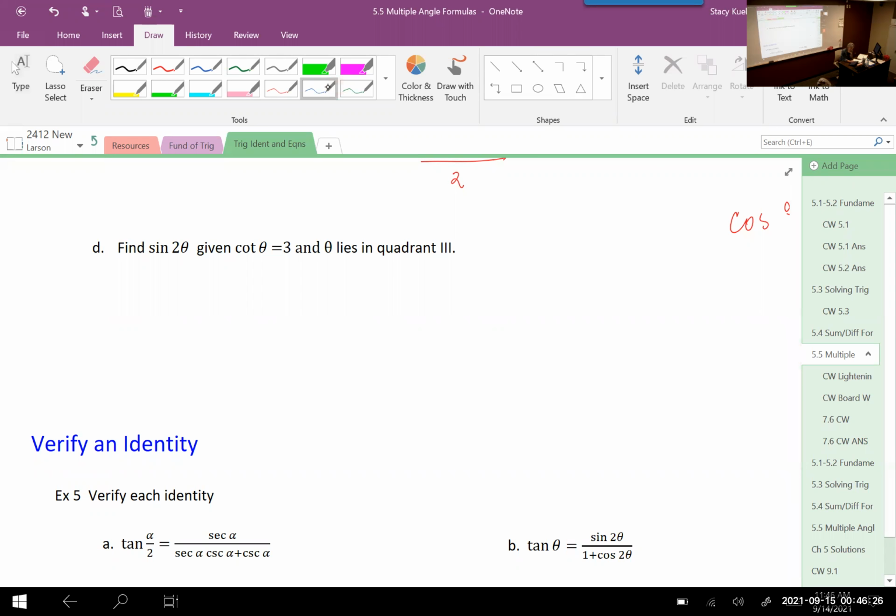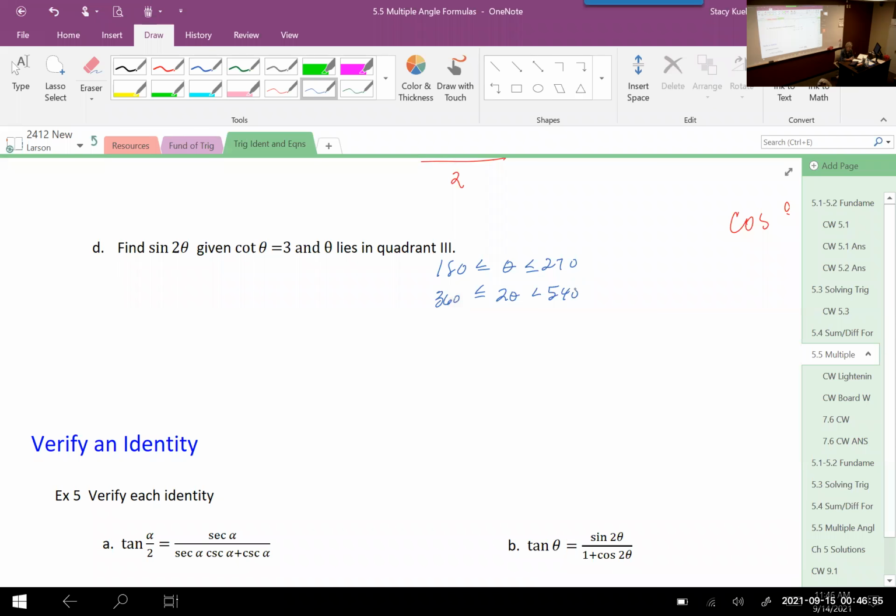So if theta is in the third quadrant, theta would be between 180 and 270, that's right. So 2 theta, however, is going to be between 360 and 540 if I multiply those two values by 2.